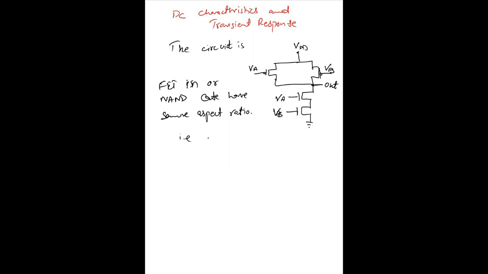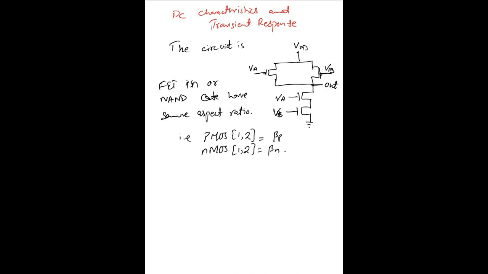That is, both PMOS have an aspect ratio of beta P, and our NMOS has an aspect ratio of beta N. It means both the PMOS and NMOS are using the same aspect ratio for our MOSFETs.